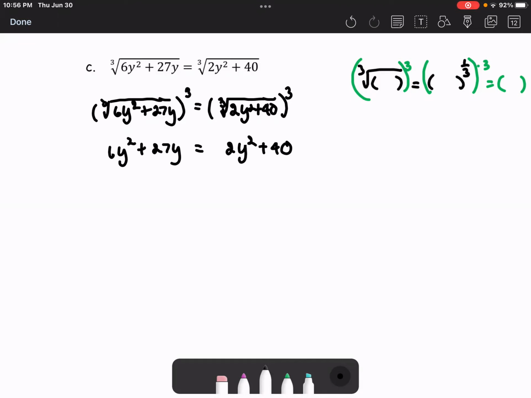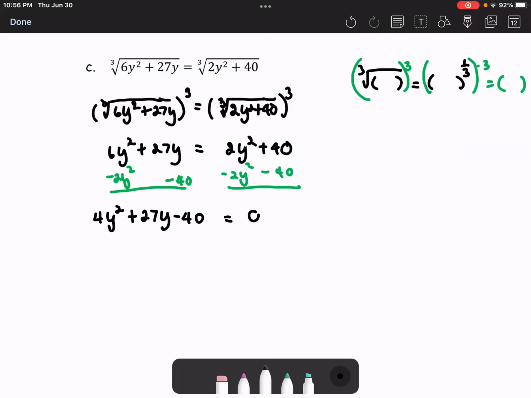We have the y to the second power on both sides, so we're going to collect all the terms to one side. We subtract 2y squared from both sides of the equation. And then we get 4y squared plus 27y minus 40 equals 0.